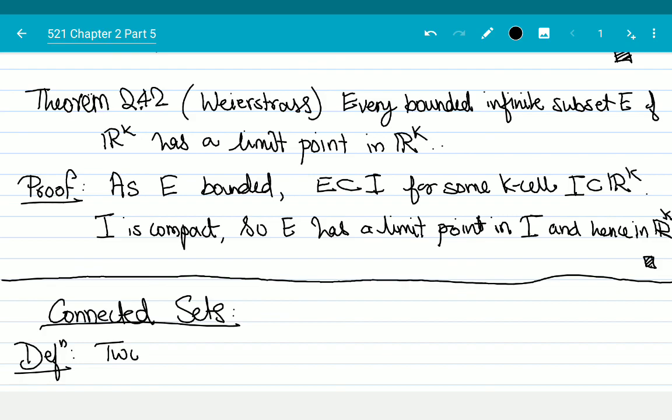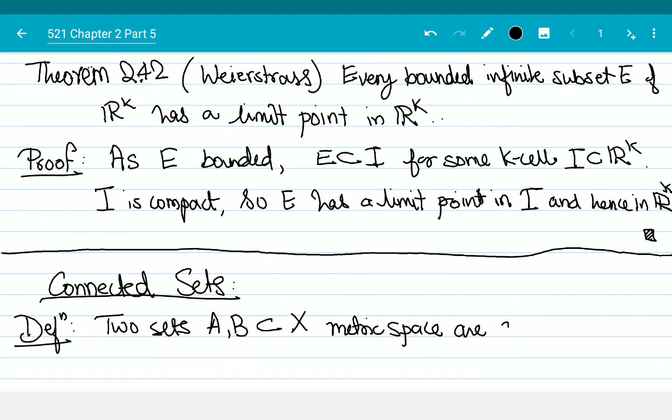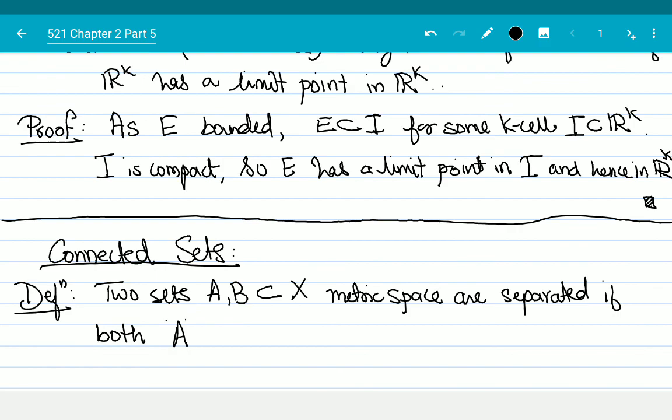Two sets A and B of a metric space are called separated if both the closure of A intersection B and A intersection the closure of B are empty.